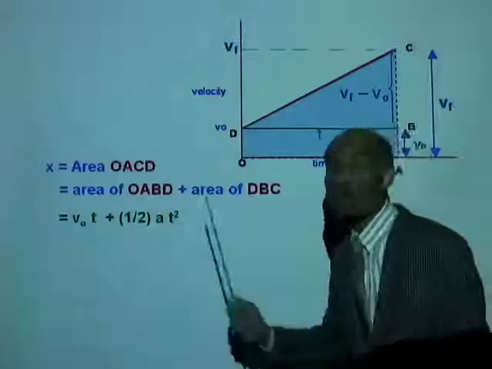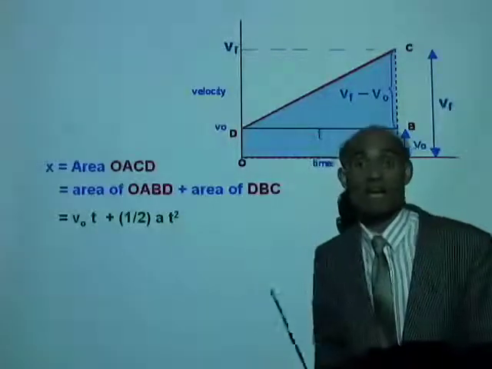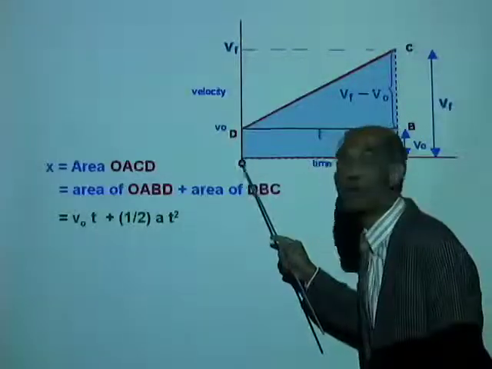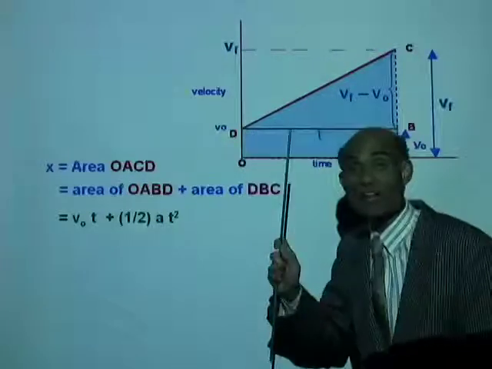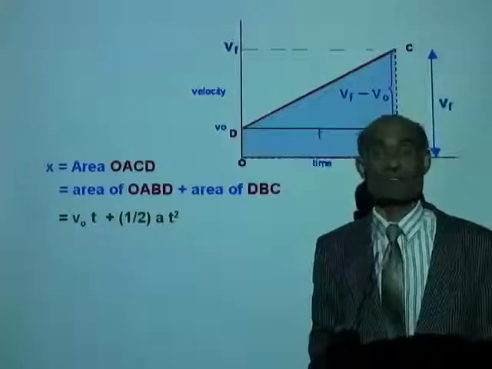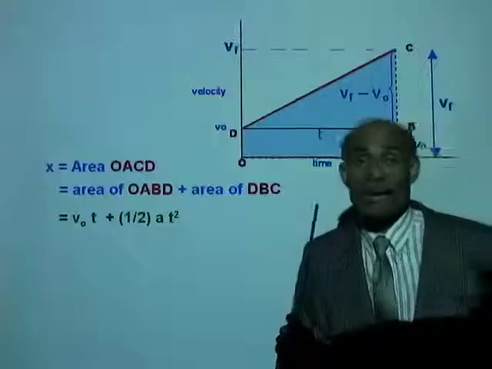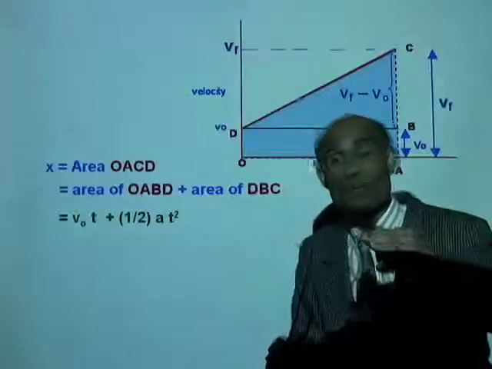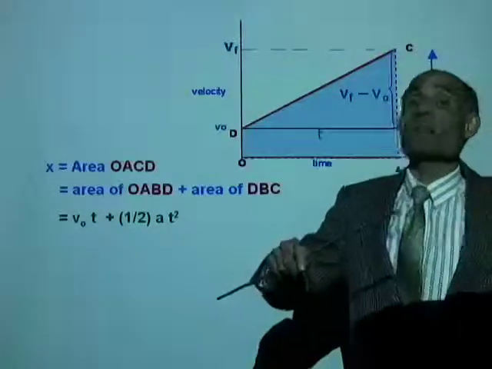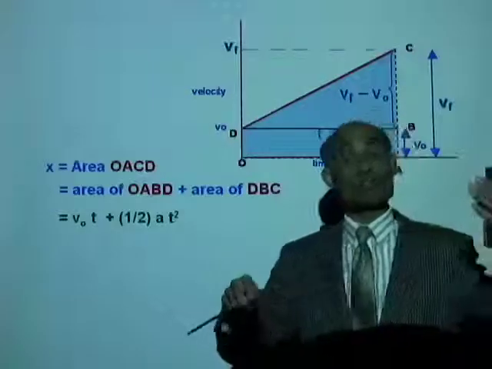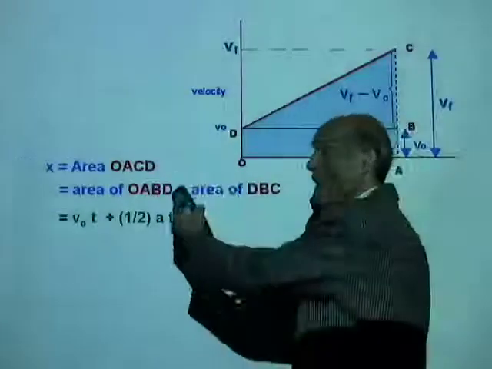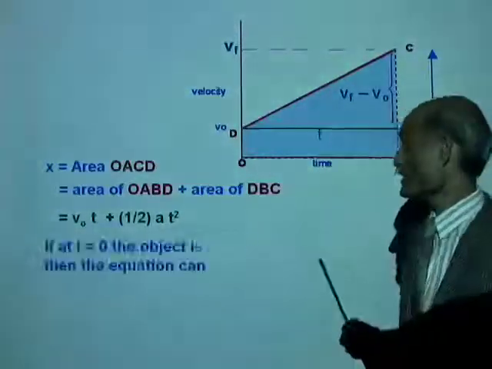Well, this equation we got assuming that at t equal to 0, the particle is at the origin. If at t equal to 0, the particle is at some other position called x0, then you need to add that to this.